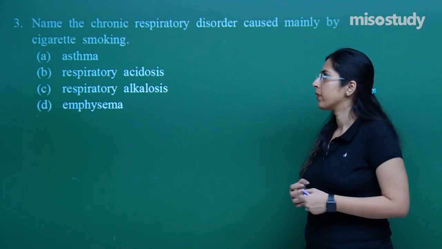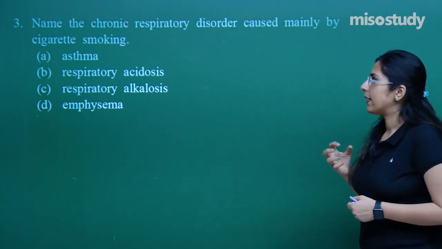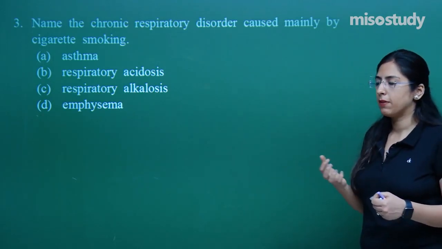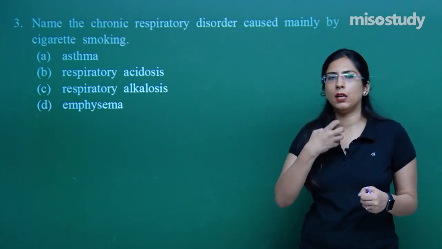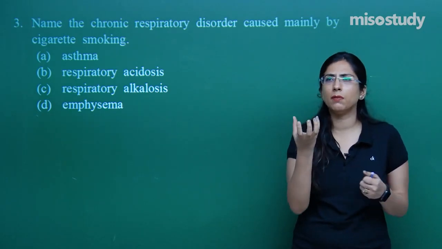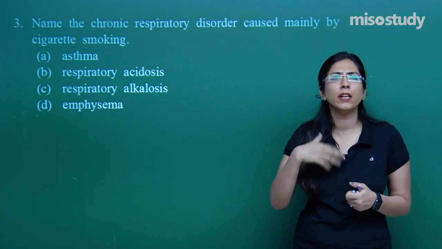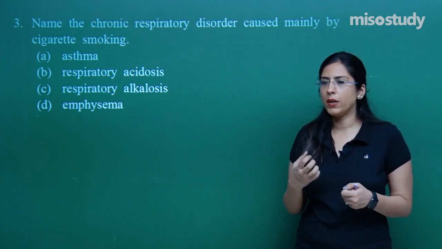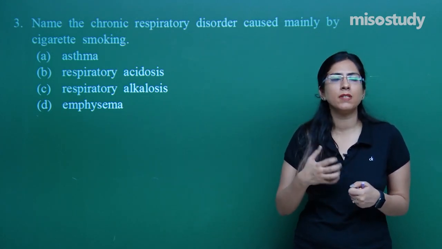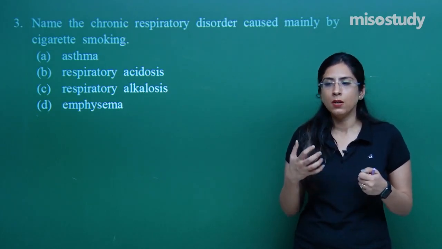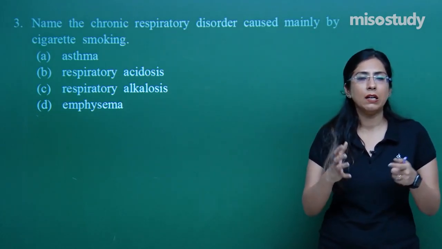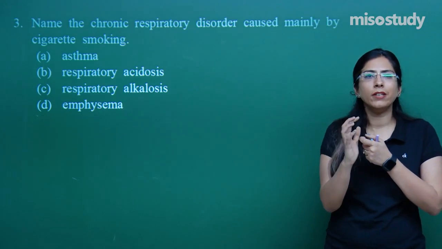Now what exactly does cigarette smoking cause? Whenever we inhale cigarette smoke, our immune system starts attacking our lungs, so that the whole surface area of the alveoli is reduced.